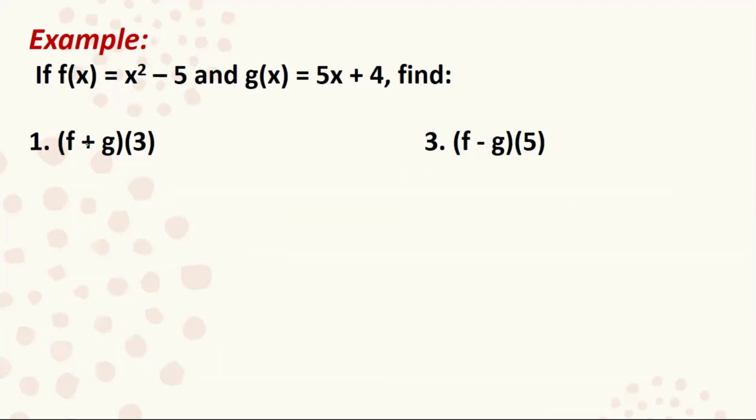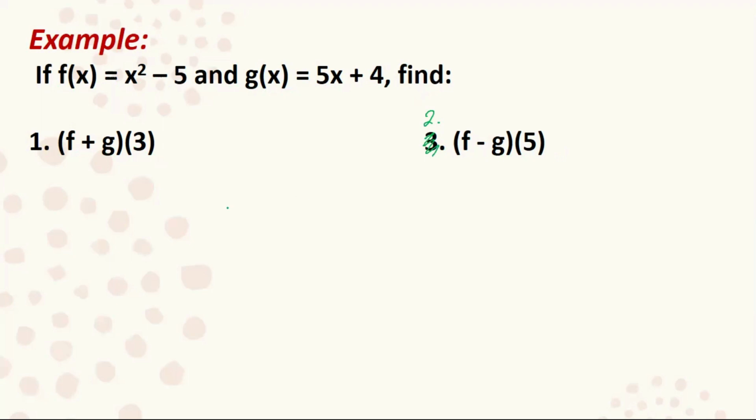Another example. If f of x is equal to x squared minus 5 and g of x is equal to 5x plus 4, find number 1, f plus g of 3. Number 2, f minus g of 5.